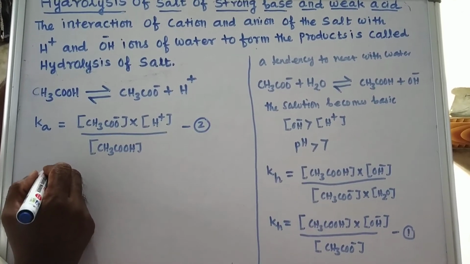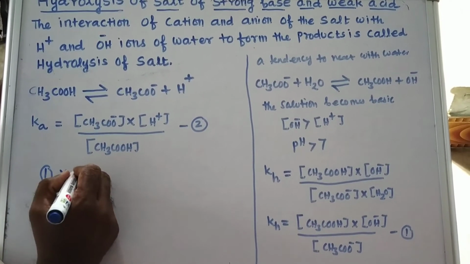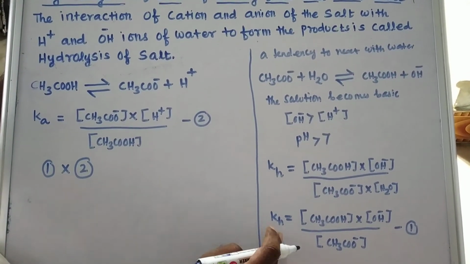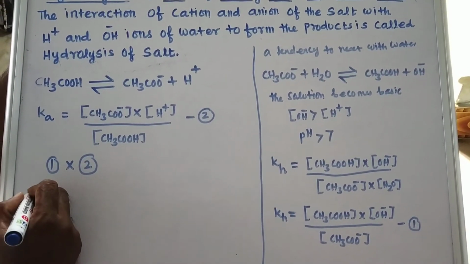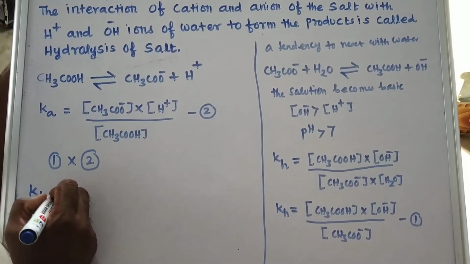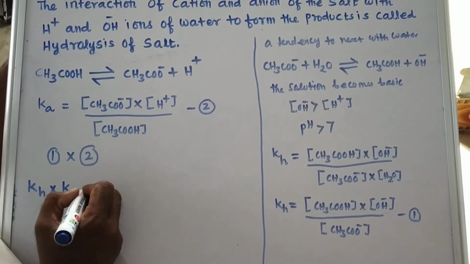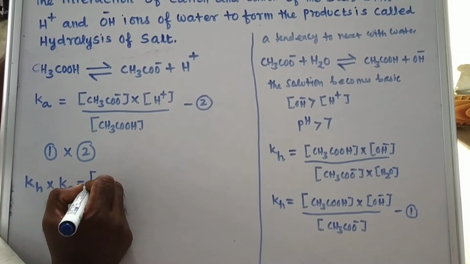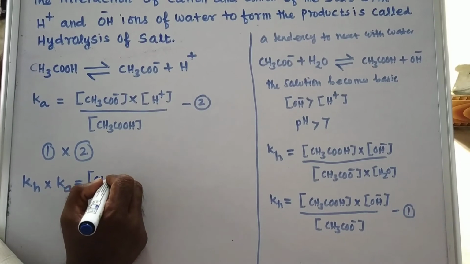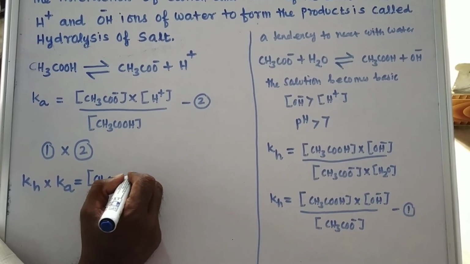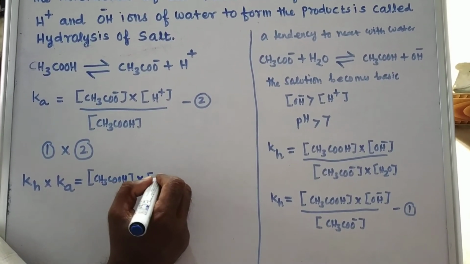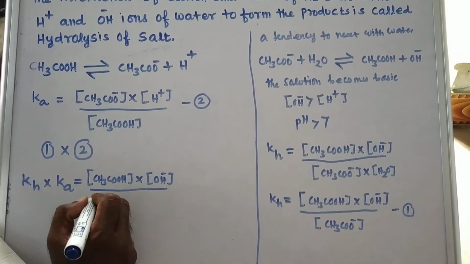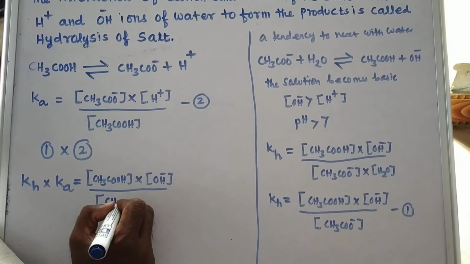Now I am going to multiply equation number 1 with equation number 2. So on the left side there is Kh and Ka. So Kh into Ka is equal to, on the right hand side of this equation, CH3COOH into concentration of OH minus by concentration of the acetate ion.